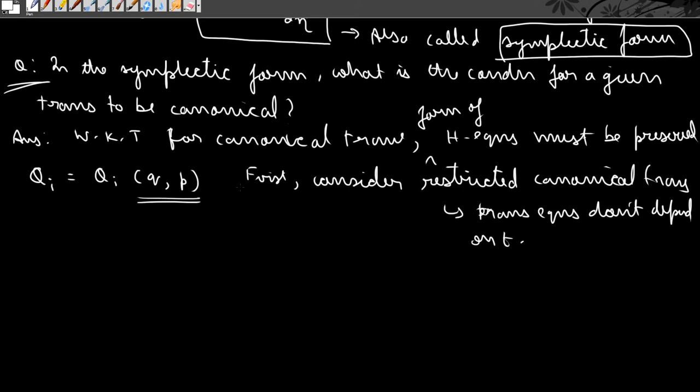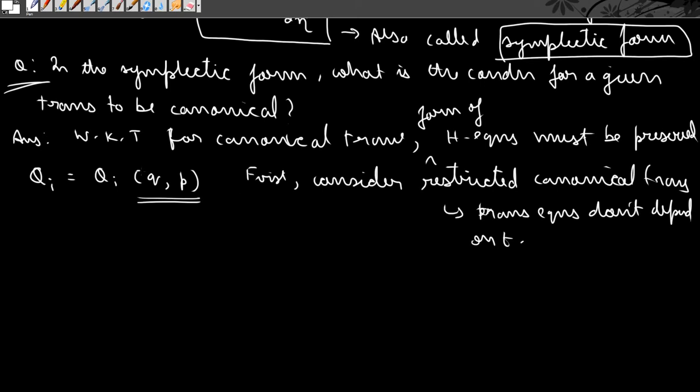We'll consider the symplectic condition for the general canonical transformation, which also depends on time, in the next video, and that is the reason why I call this 6.1. But first, just to understand clearly what the symplectic condition means, we are going to consider the restricted case, because the math is straightforward and therefore easier to understand.